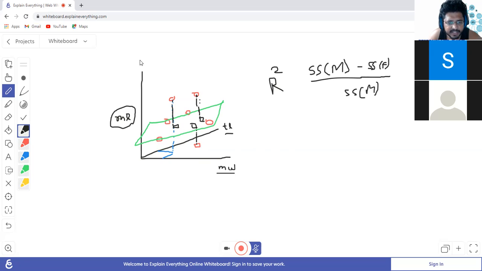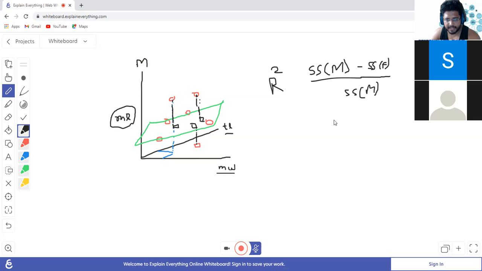Here my mean axis is this one, right? This is what I'm trying to predict, right? I'm trying to predict the mouse length, right? And what is my fit? Fit is now no more a line but a plane, and these are the sum of squares of the plane, and I'll add all of them.